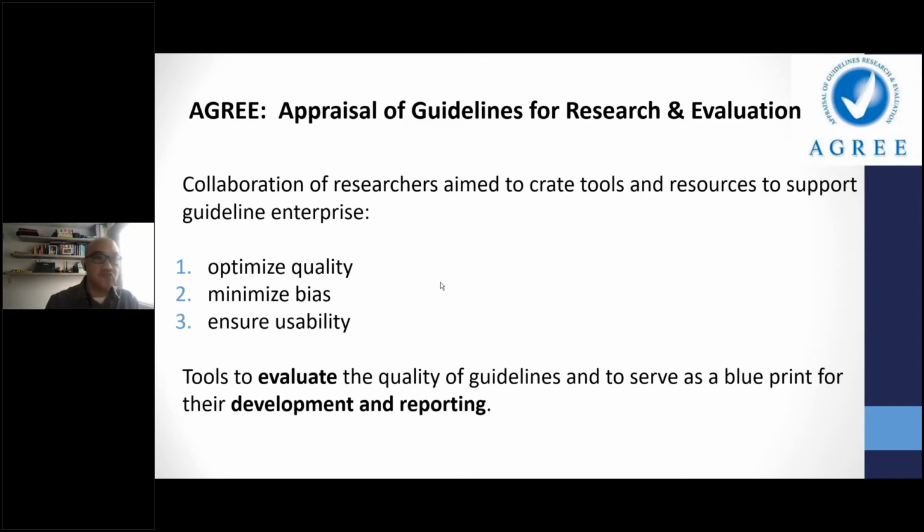People who are going to use the guidelines could apply the tool to see if a guideline is of high quality, but also developers, people who are developing the guideline, could use it as guidance to develop their guideline. And also for the final reporting or the final writing of the guideline. That's why AGREE also serves purposes on reporting of the guideline. That is the aim of AGREE. And how does this start?